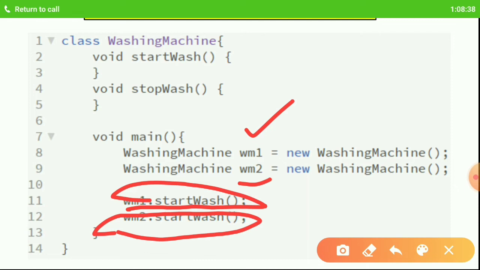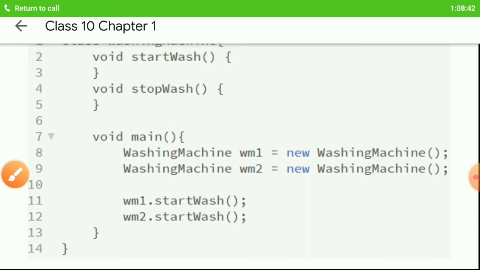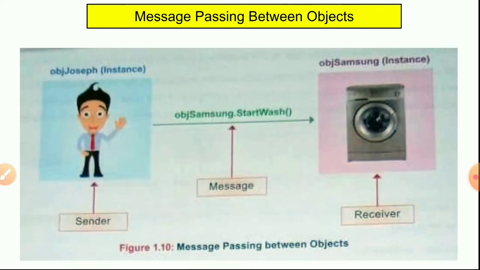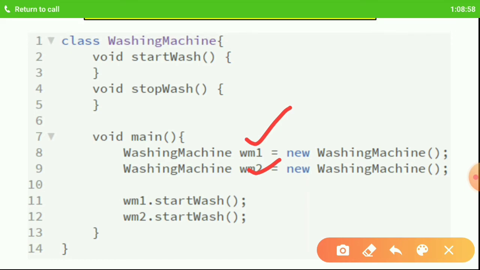For keeping things simple, I've just called start wash functions using both the objects in this example. But the main thing to understand here is that both the objects, WM1 and WM2, are being given a message to start wash.